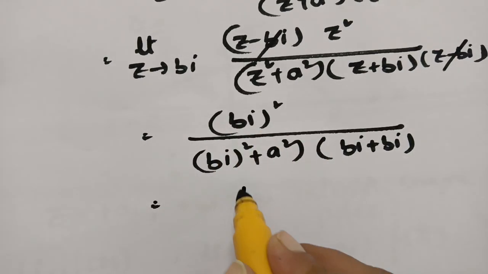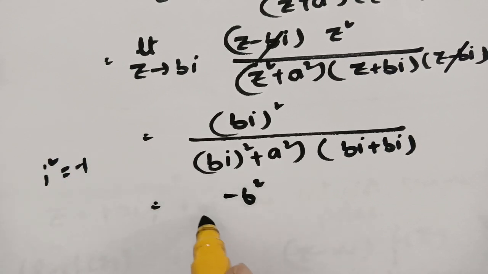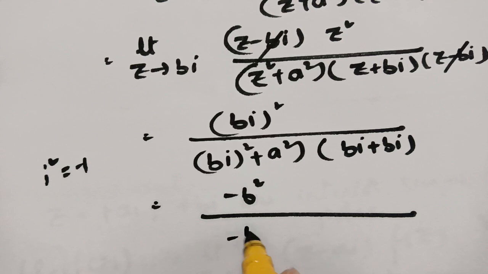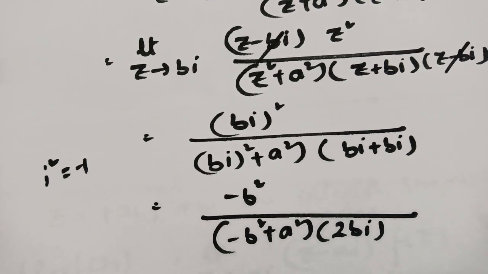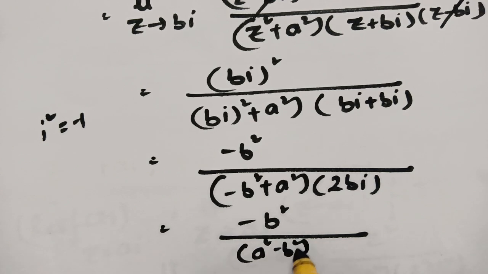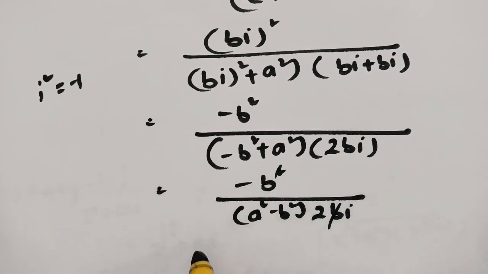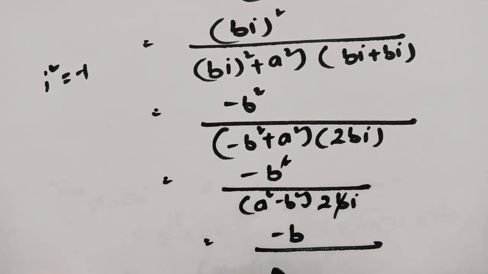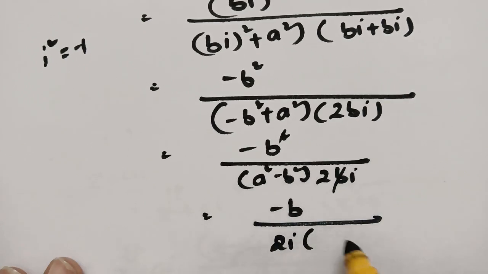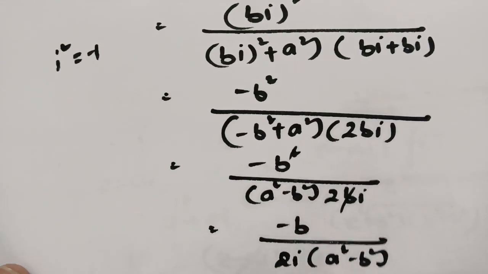This will be b square, and as you know, i square value is minus 1, so this is minus b square by a square minus b square into 2bi. If I cancel one b, this will be minus b by 2i times a square minus b square. So this is the residue value.